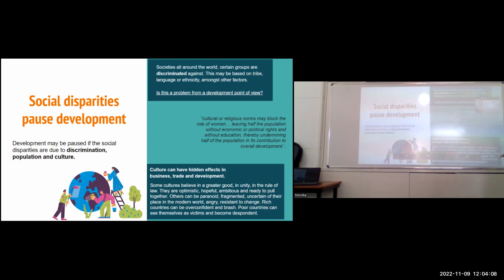Then we have population. You will be asking, what do I mean by population? This also connects to discrimination. Women tend to be discriminated against and don't get as many opportunities because of the lack of education and resources to develop themselves in a society. They grow up with the mentality that women should stay at home taking care of the children.